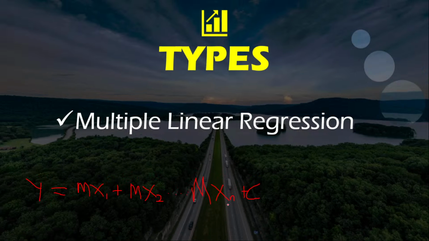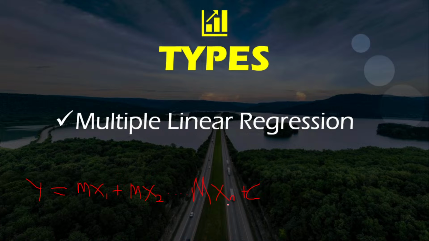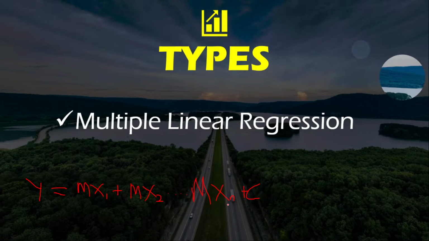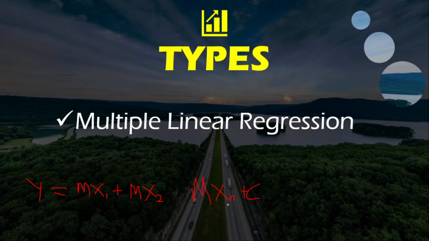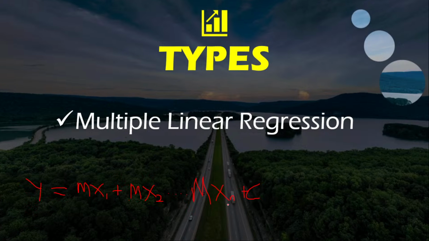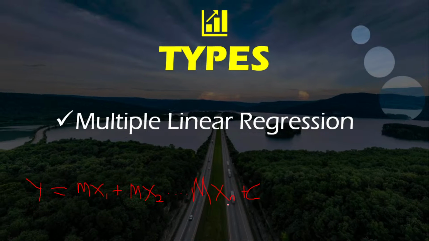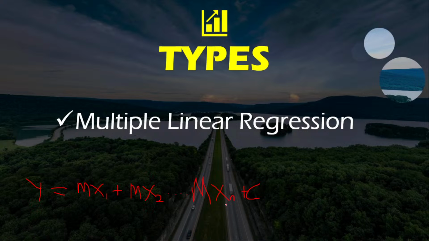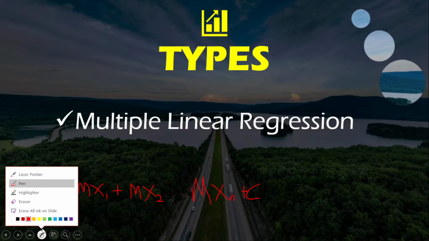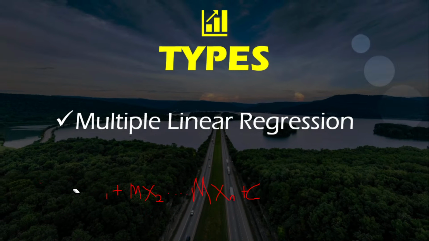That is what we refer to as multiple linear. And one of the things we are going to do is see how we can run a linear regression in Excel. That's the equation for multiple regression.